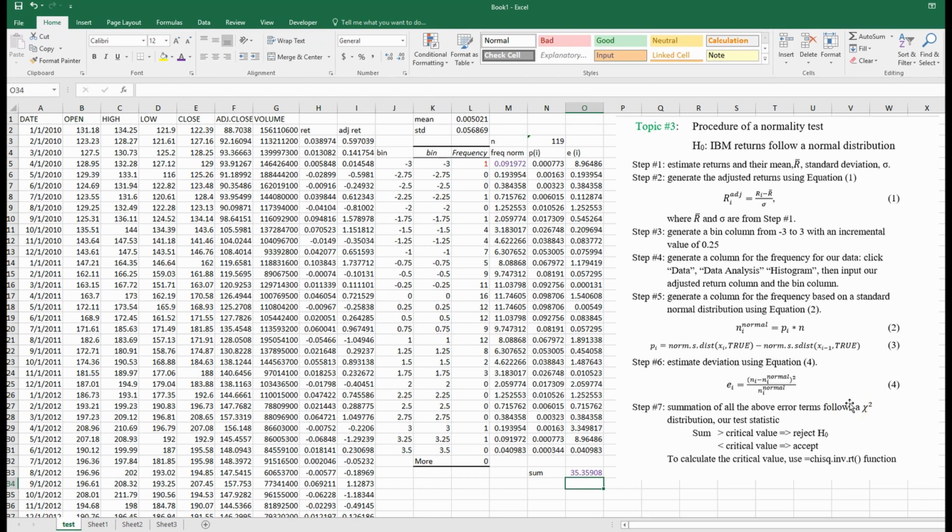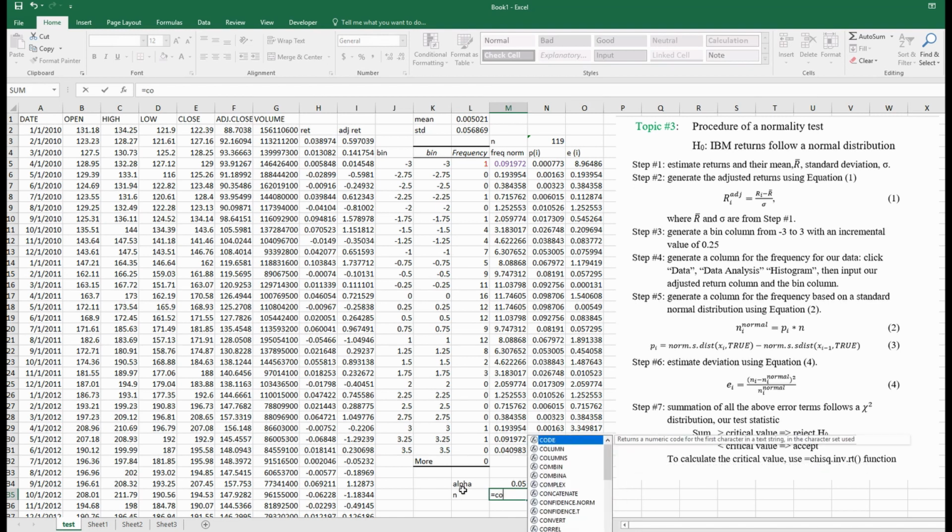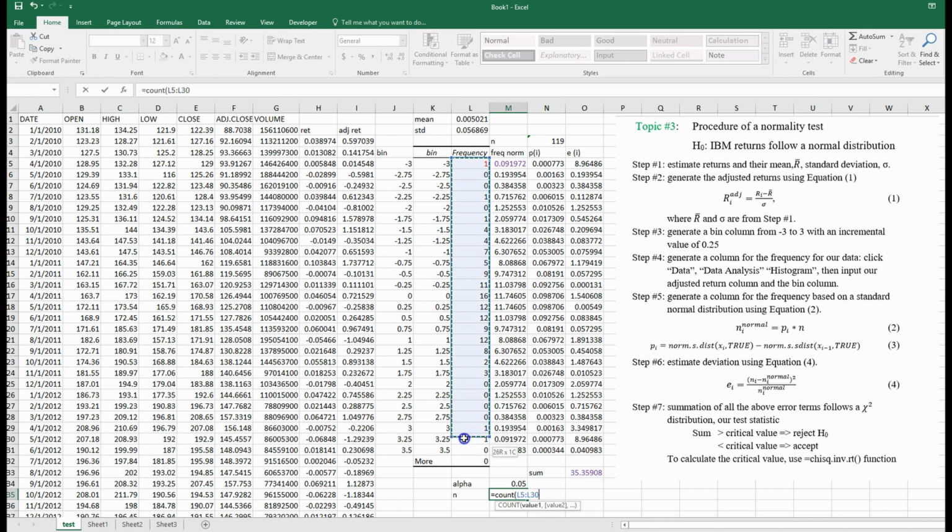To calculate the chi-square critical value, we need two numbers. One is alpha, so let's assume it's 5%. The second value is the degree of freedom, so let's count how many bins we have. The critical value is our chi-square critical value.